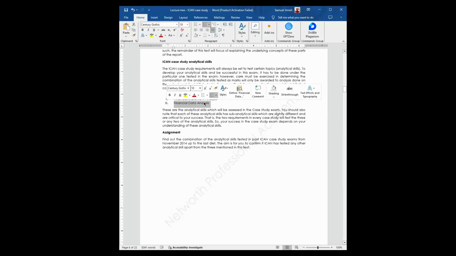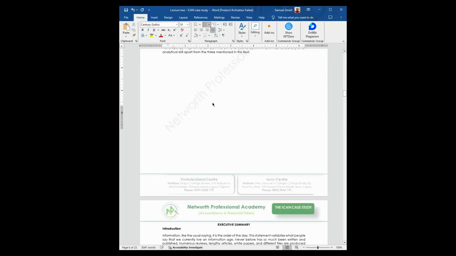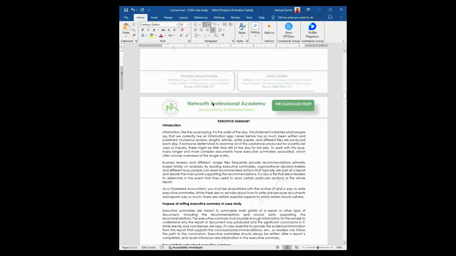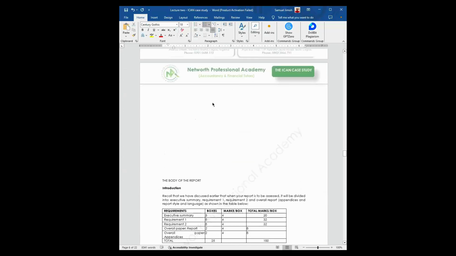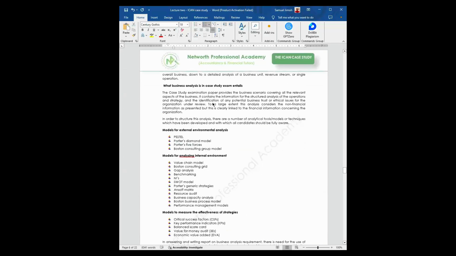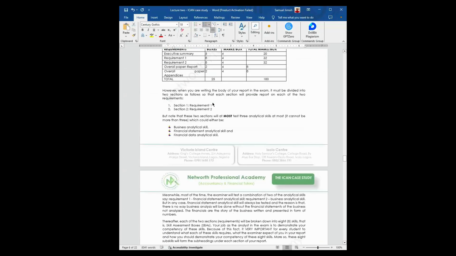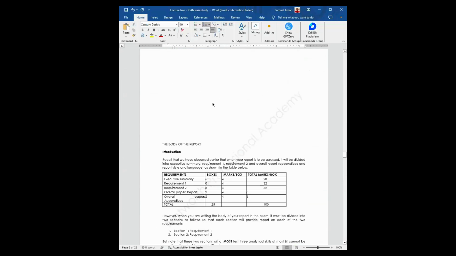And we have the financial data analytical skill, that is what we call project appraisal in the exam. So let's look at these analytical skills as they form the body of the report.